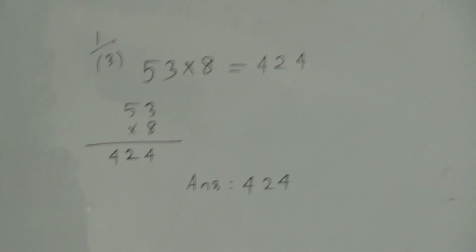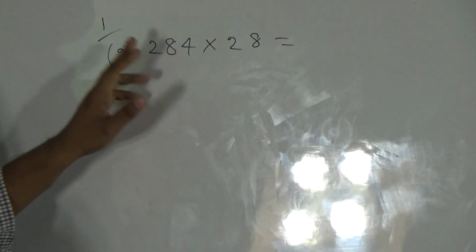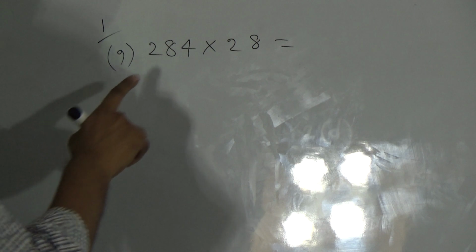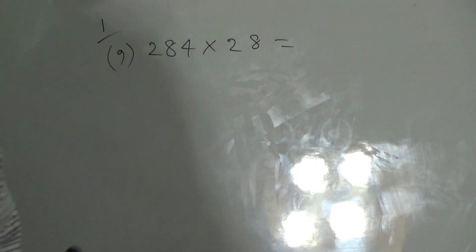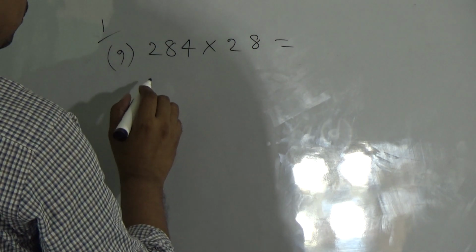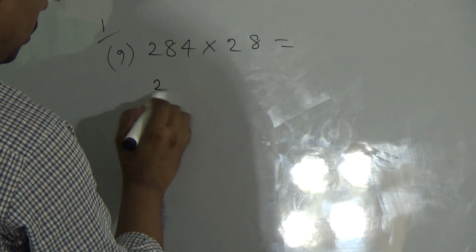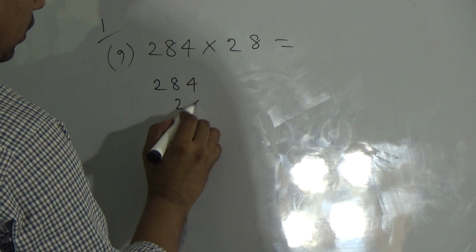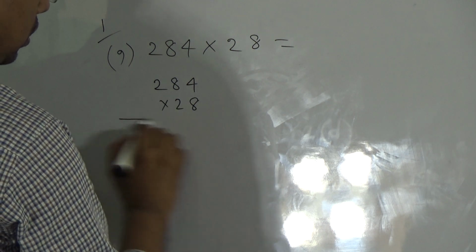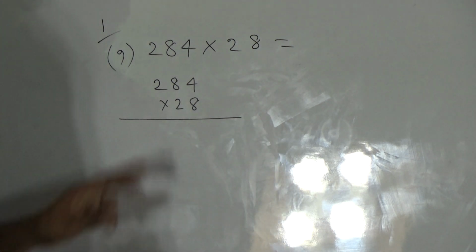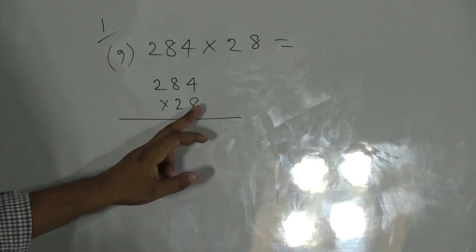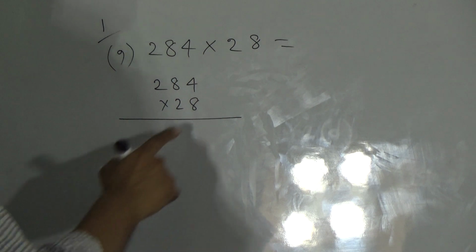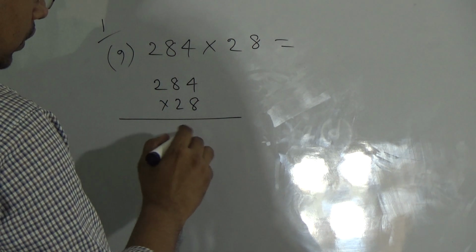Now we will solve question number 1, sub number 9. Here you have to multiply 284 by 28. We will also use rough here. 284 multiply by 28. At first, we will multiply 284 by 8. Here 8 is in 1's place digit. So 8 4's are 32.